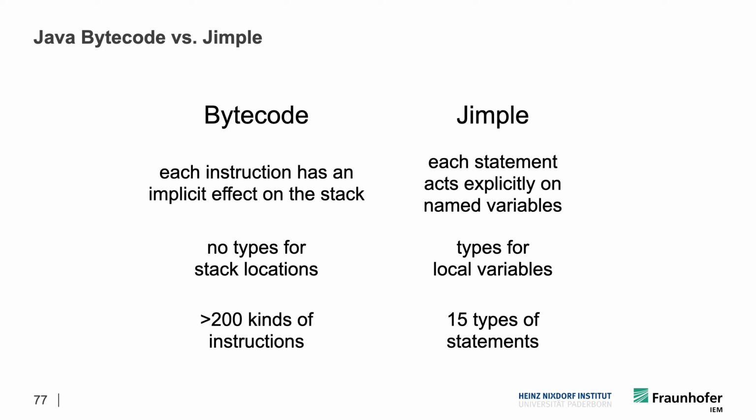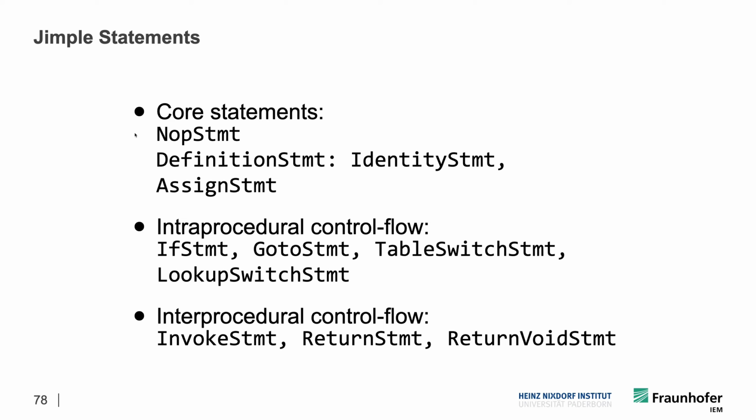So let's look a little bit more into what kind of statements these are. First of all, we have a number of core statements. So you can have a NOP statement, which is maybe the most boring statement that you can think of because it does nothing at all. Why is such a statement useful? Well, sometimes when you generate Jimple code out of other sources, you also have to generate loop constructs, for instance.